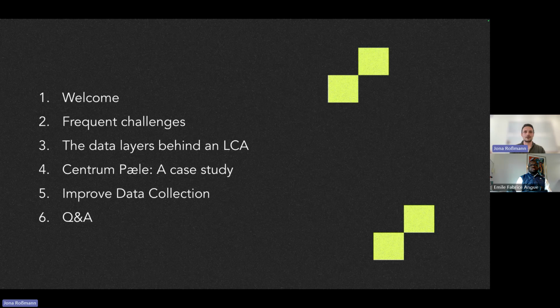Last but not least, we'll talk about the data collection improvements and the future of data collection, and how EPD tools like EMIDAT can bring you to success there. And finally, we will have a dedicated Q&A session. So feel free to note down your questions or write them in the chat, as Steffi said, and we'll be happy to have a discussion afterwards.